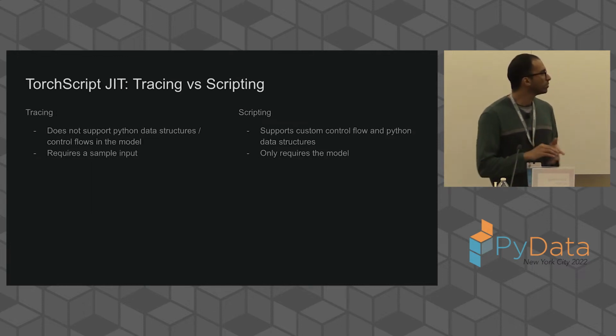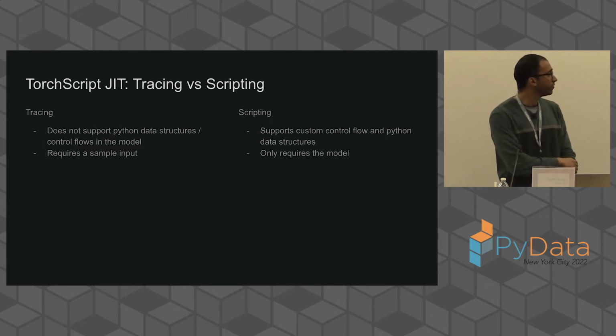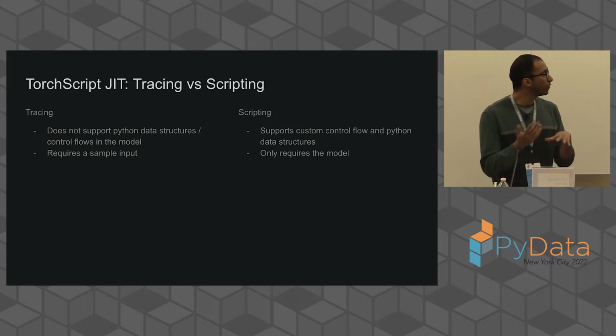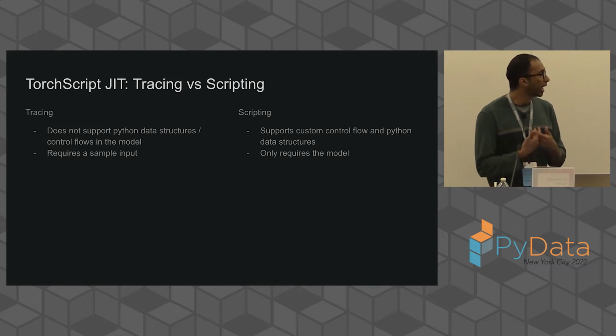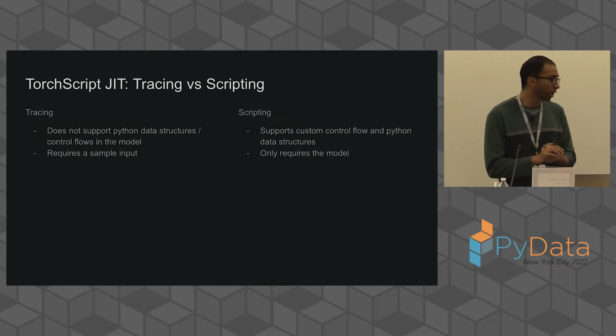Just some small details, maybe in the future this might be fixed, but right now there are two different ways to convert it to script mode. The basic idea is you're passing it some input data and TorchScript looks at how the model gets activated and tries to create an optimized execution graph.